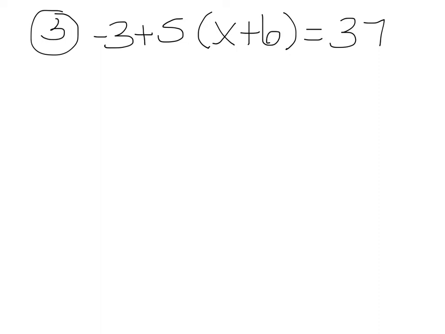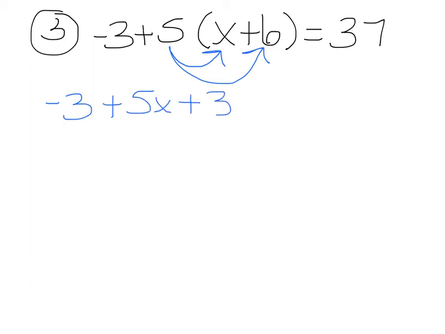We have parentheses here that we need to get rid of first, so I'm going to distribute the 5 to everything inside. You do not combine the 5 and the negative 3 first. You need to get rid of parentheses. When I distribute, I'm left with negative 3 plus 5x plus 30 equals 37. I can combine 30 and negative 3, which gives me 27.